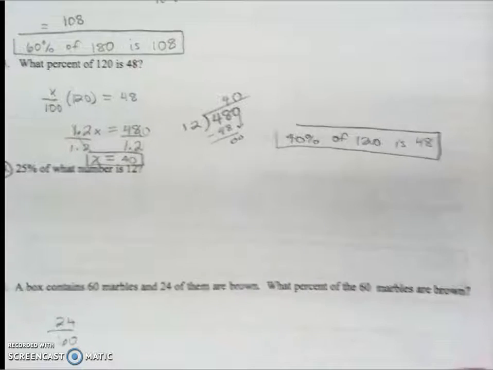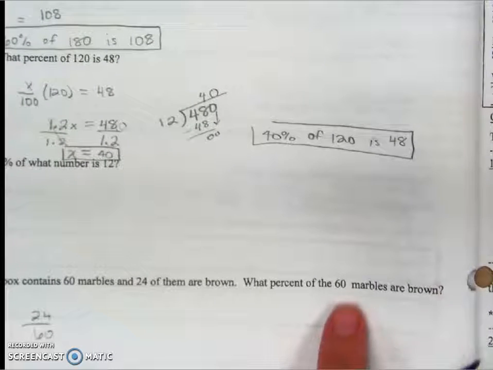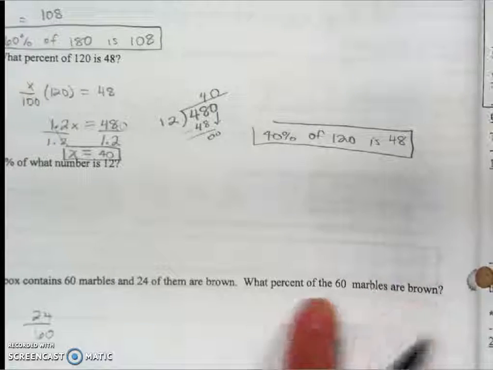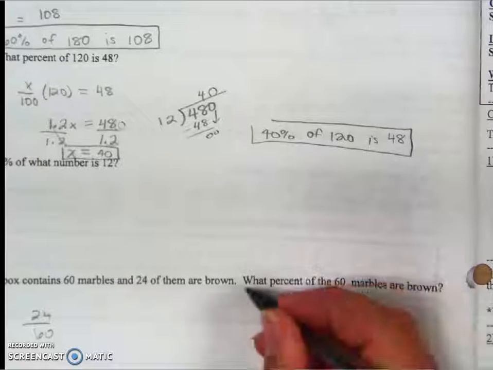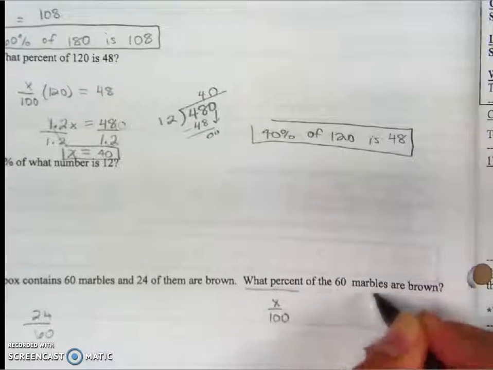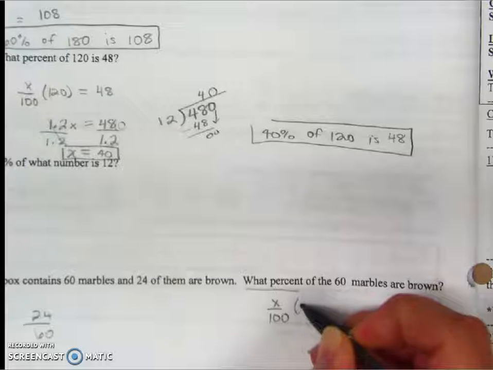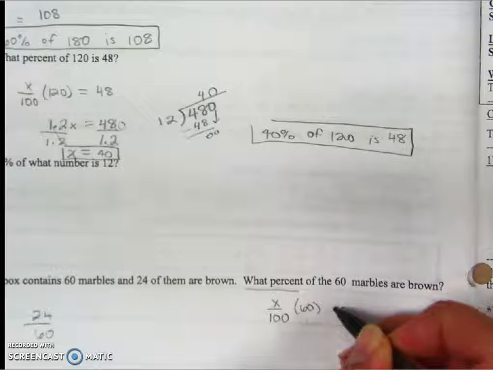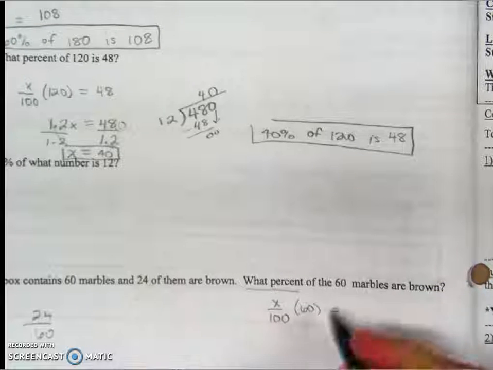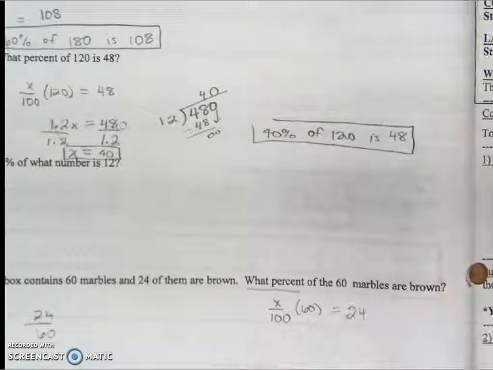But then they do go on to say what percent of the 60 marbles are brown. So we can set this up with our words here. What percent, X out of 100, of 60, of the 60 is brown, equals are brown. And it told me that there are 24 brown marbles there.